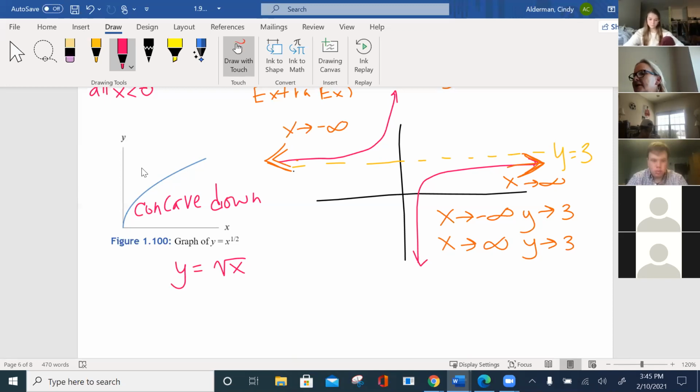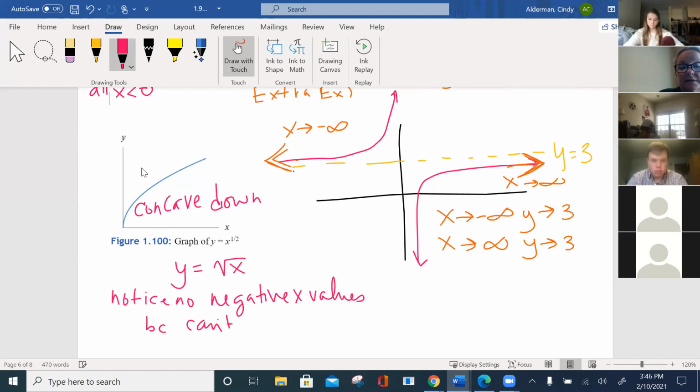Why do you think it doesn't have any negative x values? You can't take a square root of a negative. That's exactly right, right? So notice, no negative x values, because you can't take the square root of a negative number.